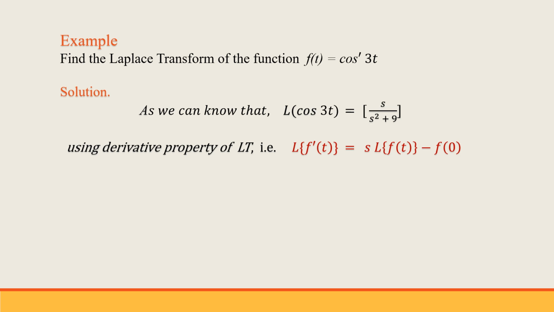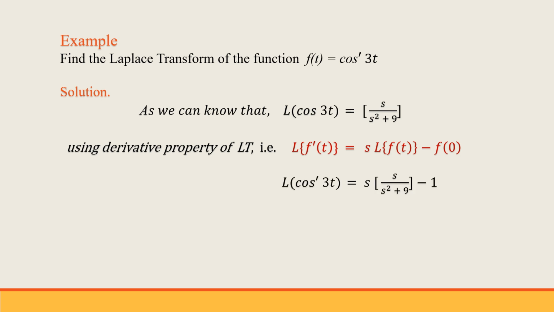So here the Laplace transform of ft we know, and what is f0? f0 is equal to 1. Simply by putting 0 we get cos 0 as 1.